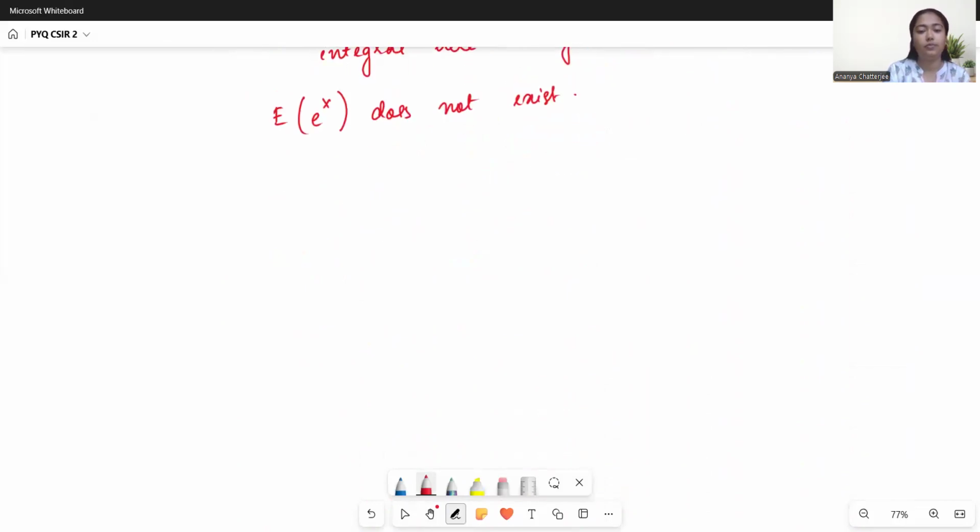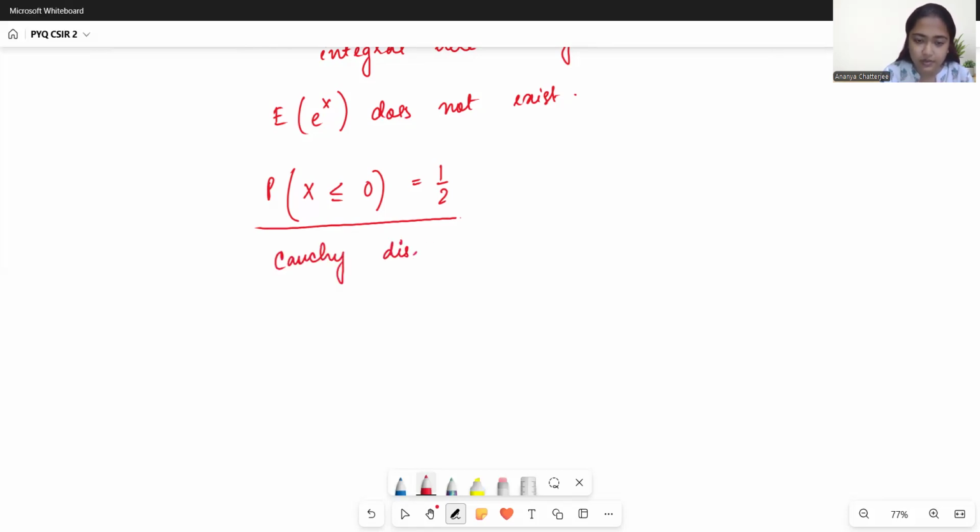Here, since it is a Cauchy distribution, we know that the Cauchy distribution is symmetric about 0, absolutely.